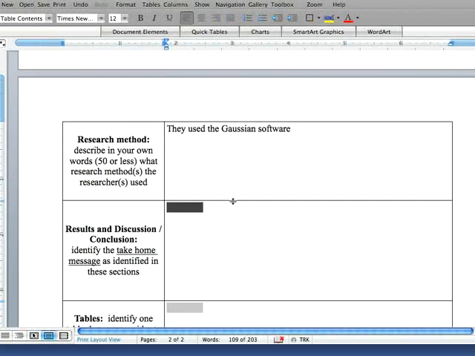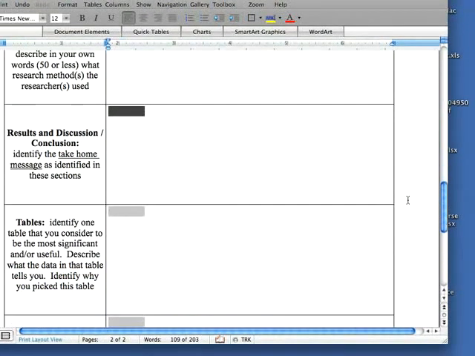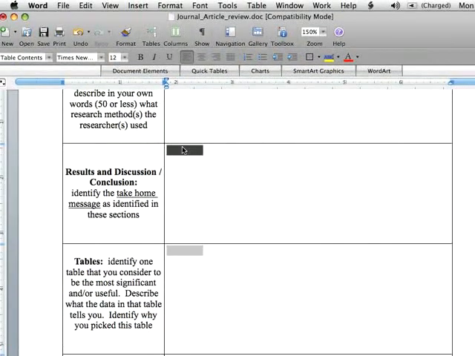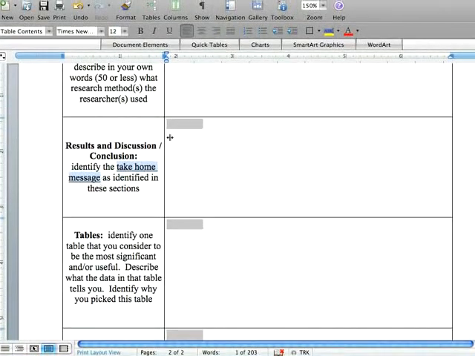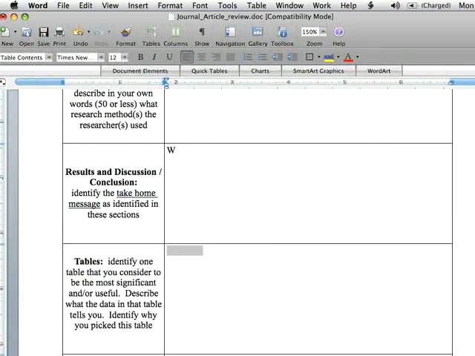Okay, in the results and discussion section, what you're going to try to do is identify the take-home message: what is the most important result, conclusion, etc. that came from this article.